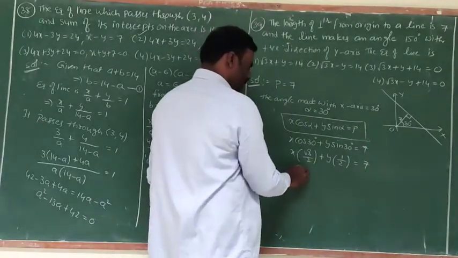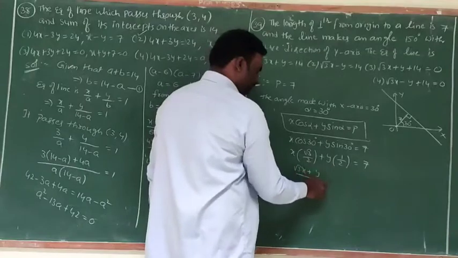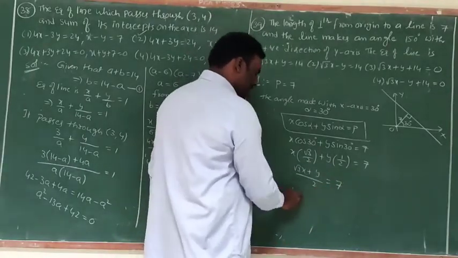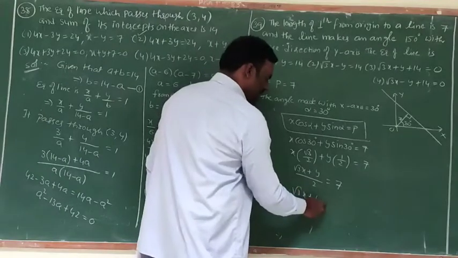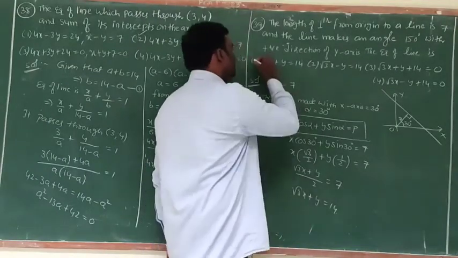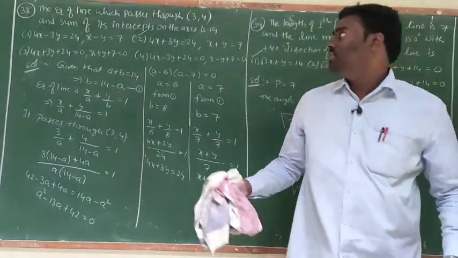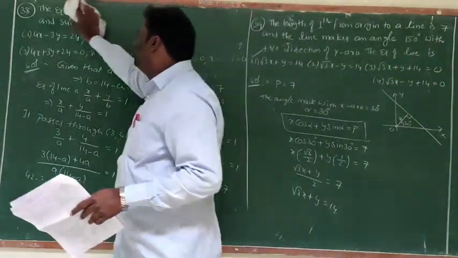Now root 3x plus y by 2 equals 7. Cross multiply, then what will you get? Root 3x plus y equals 14. That is nothing but option 1 is the correct answer for this question number 39.